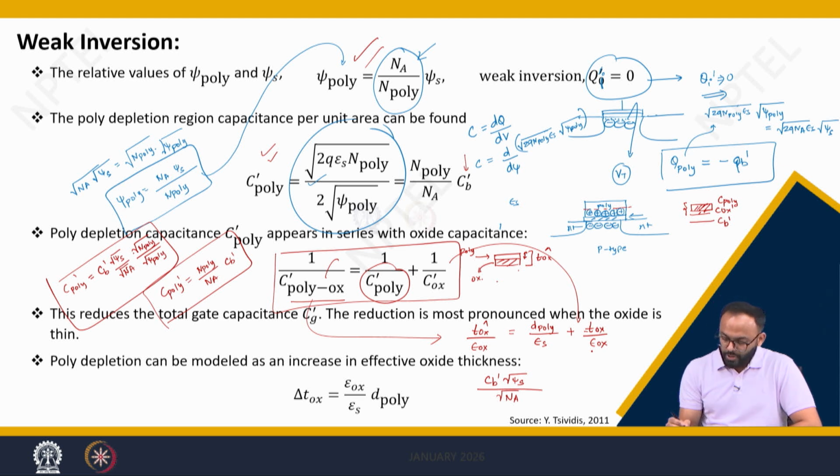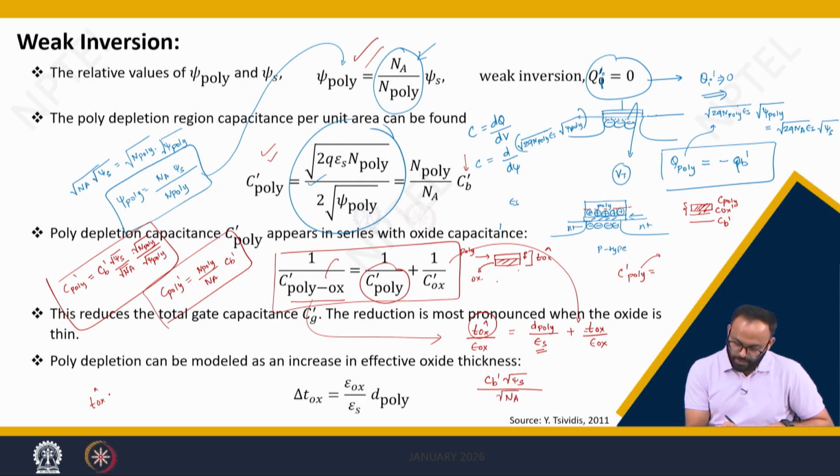Make sure that when you are writing for C dash poly, you have to take the permittivity of the semiconductor, not the oxide, because the poly is a semiconductor. That is why I have taken epsilon S here. So, if you want to find Tox dash, meaning the effective oxide thickness of that particular combination of poly depletion and oxide thickness, it can be given as D poly into epsilon OX divided by epsilon S plus Tox.